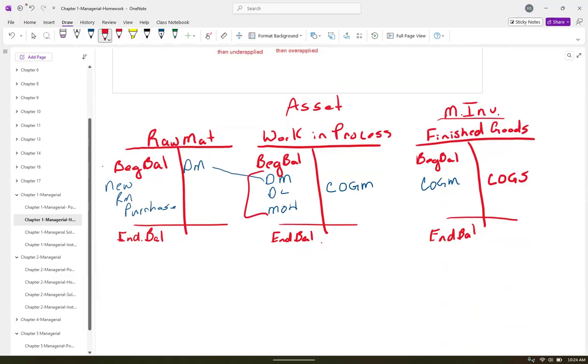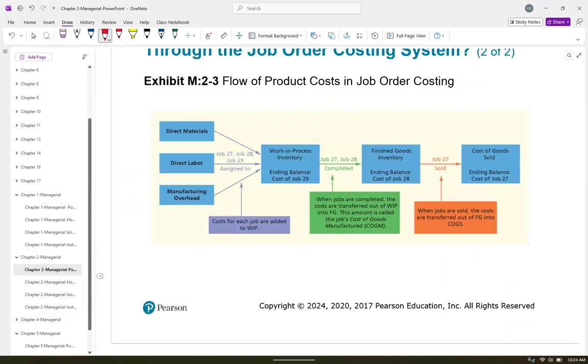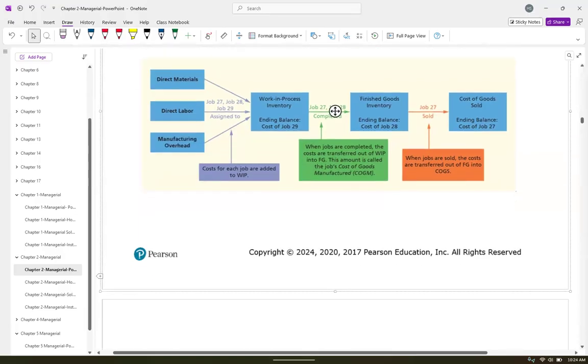My cost accounting teacher taught it this way, and it just made more sense, especially since you're going to be making journal entries. If I come over here and look at this, none of this helps me make my journal entries, which is going to be something asked on the test. So that's why I like the way I've done it. If you like this one, that's perfectly fine. As long as you get it right on the test, I don't really care.